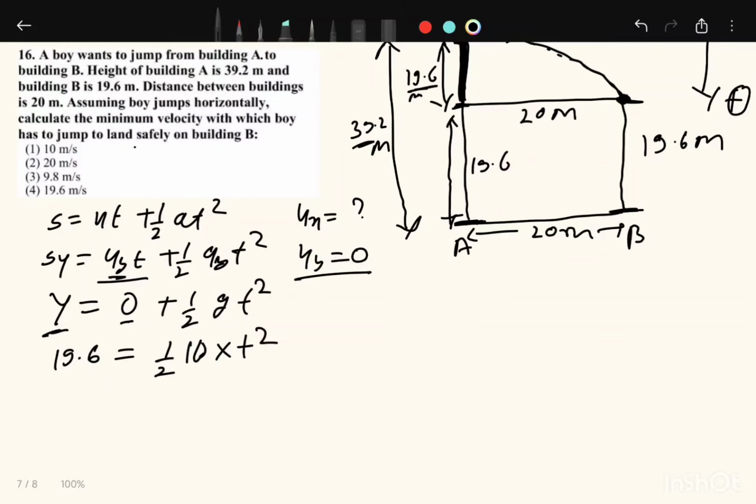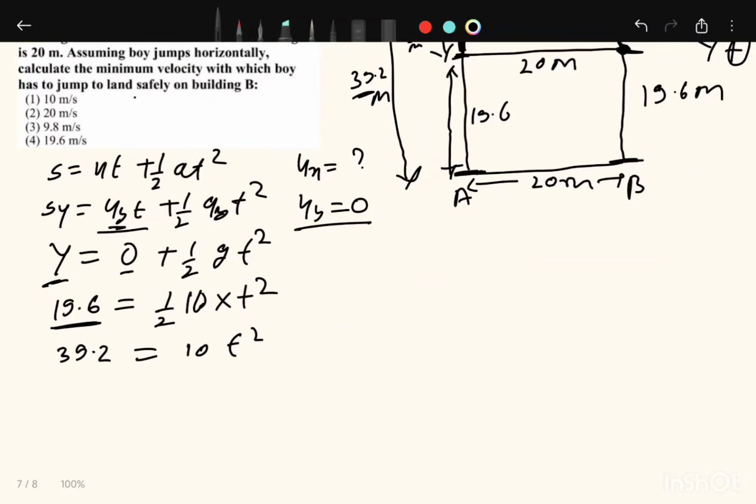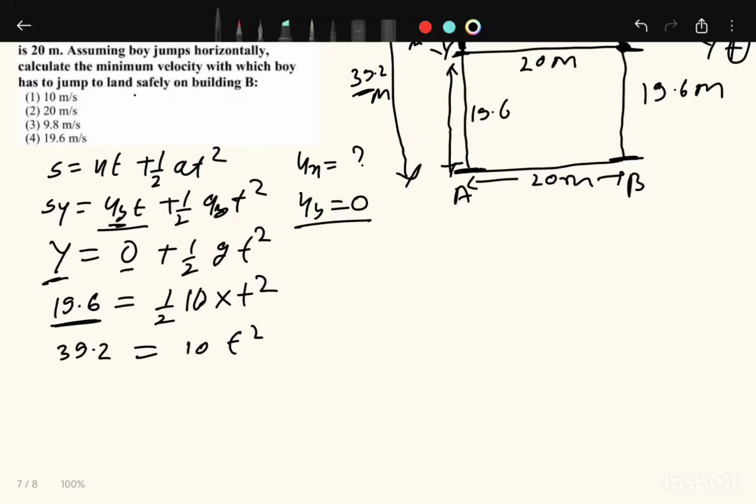So you can see here, if we multiply it by 2, it will become 39.2. If you have 10 t square, right, and you divide this 39.2 by 10, it will be around 3.92, right?